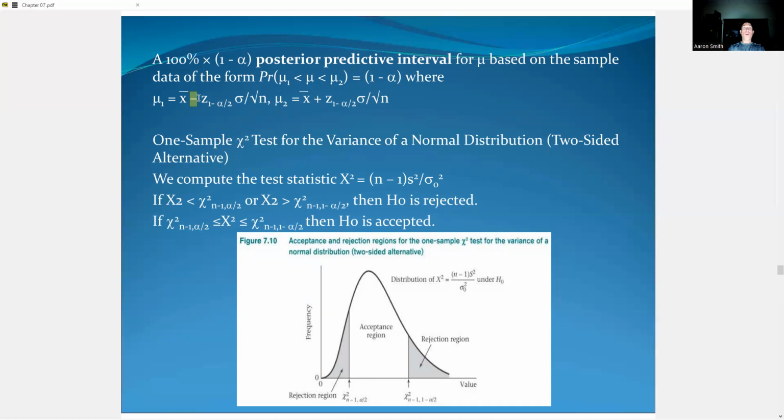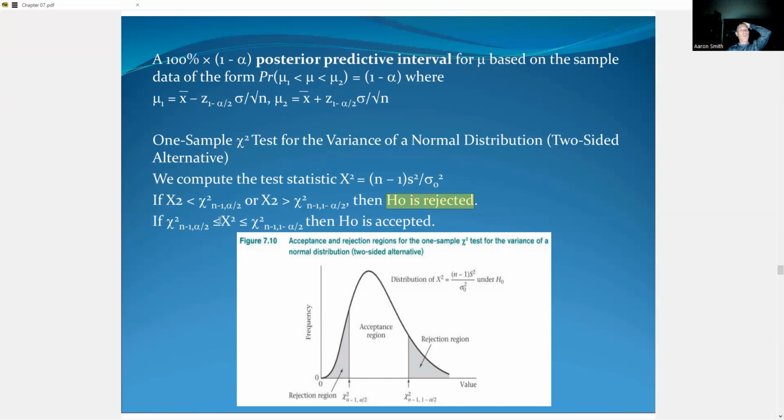One sample chi-squared test for the variance of the normal distribution, two-sided alternative. We compute the test statistic here. So chi-squared is equal to n minus 1 times s squared divided by the hypothesized variance. If our chi-squared is strictly less than our lower cutoff, or our chi-squared is strictly greater than our upper cutoff, then the null hypothesis is rejected.